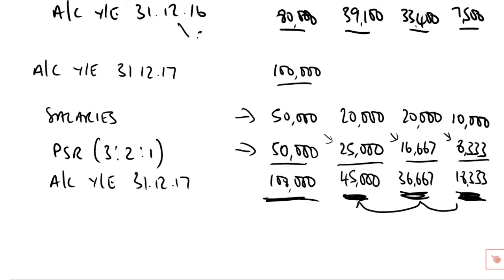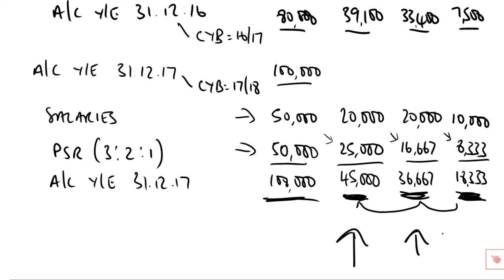Year ended December 16, CYB assessment is 16-17. Year ended December 17, CYB assessment equals 17-18. So for 2016-17 and for 2017-18, each of partner A and partner V as normal continuing partners will be assessed using CYB.